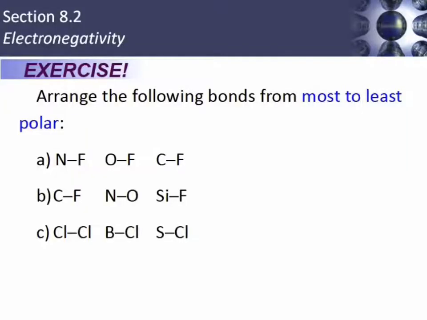Okay, so more exercises. Let's arrange these bonds from the most to the least polar. The most polar is going to be the ones that are further apart on the periodic table. So who would be our most polar in this first group?